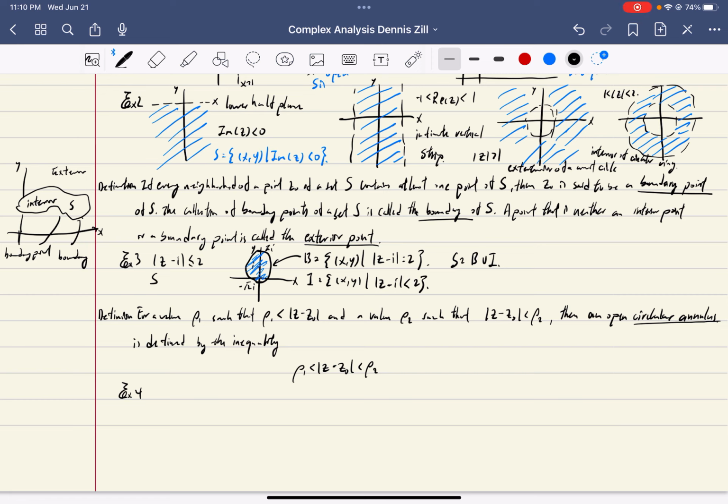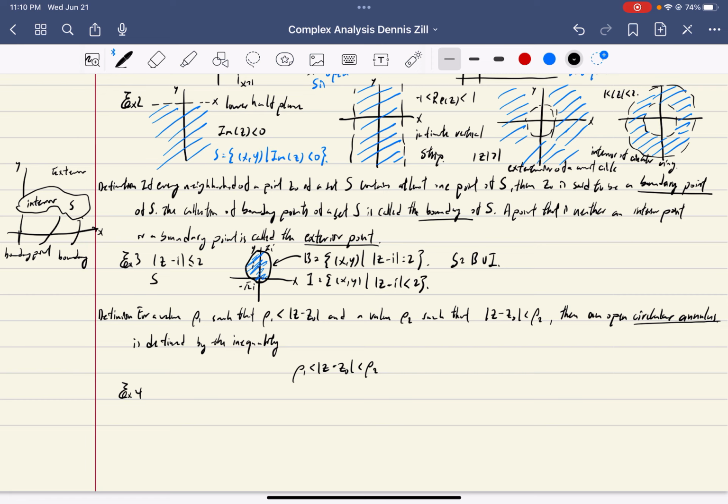Now let's write an example. Let's start with a more abstract example. Let's write the general annulus region.